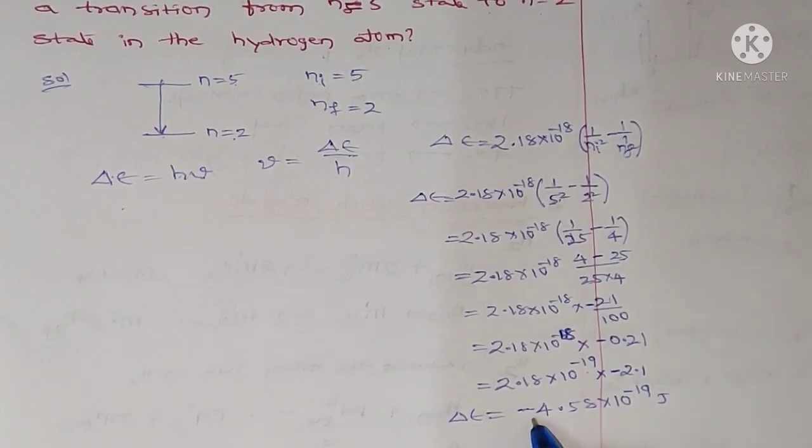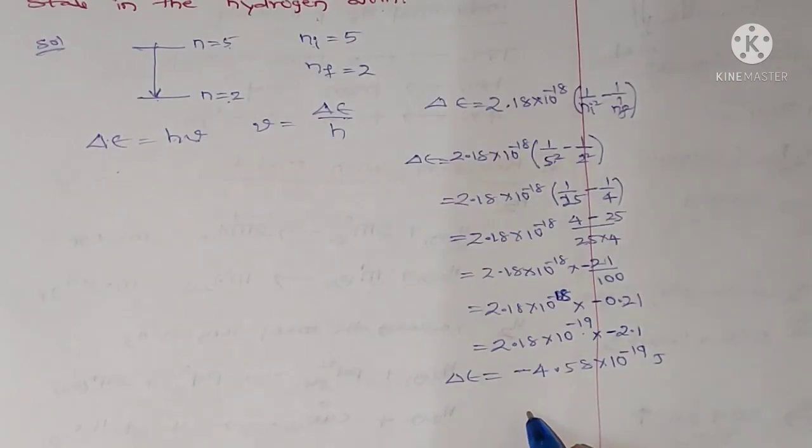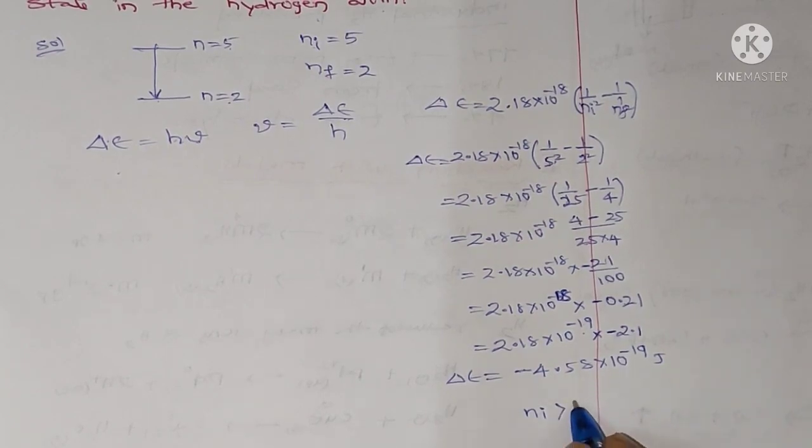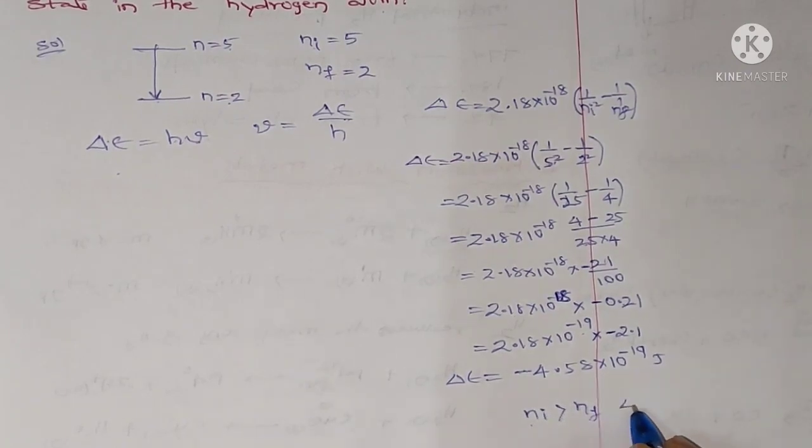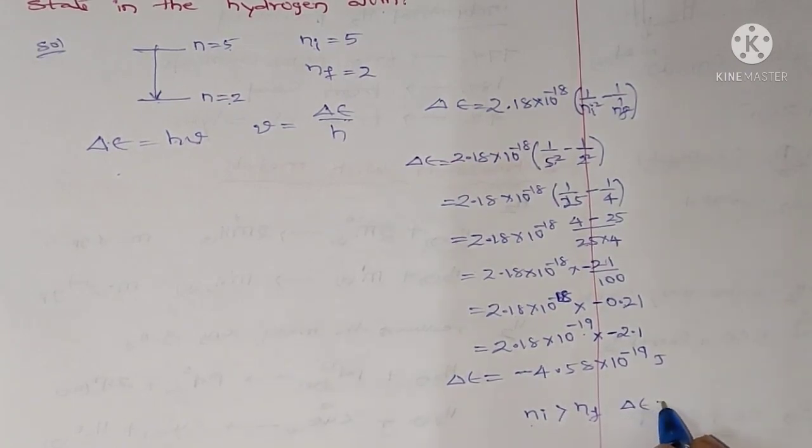So here negative shows the emission energy. Already we discussed that n initial is greater than n final. If n initial is greater than n final, then the delta E will be negative.